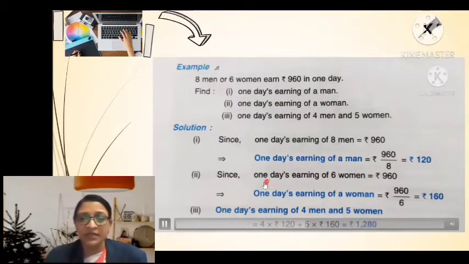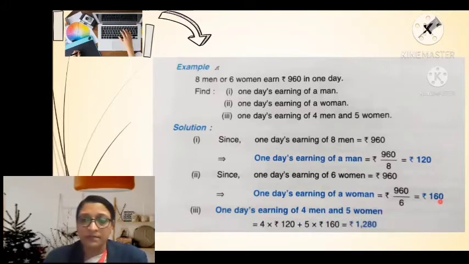Since it is given in the example, 1 day's earning of 6 women is rupees 960, 1 day's earning of 1 woman is equal to rupees 960 divided by 6. That is rupees 160. Finally, here we will calculate in the third, 1 day's earning of 4 men and 5 women.